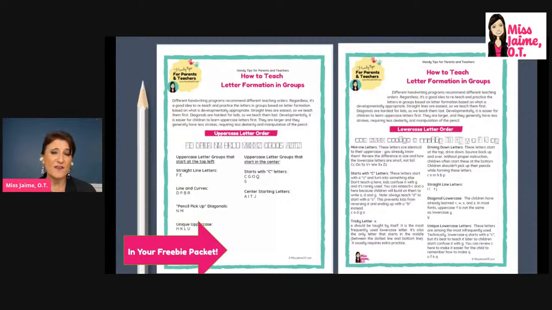It's just, I think, very simplified, and it just makes a lot of sense. So I have an uppercase letter page and a lowercase letter page. If the handwriting program that you're using is in alphabetical order, you can use these pages to supplement and to teach you which ones are easier to learn and which ones go together. This is basically like the cheat sheet that you need to know.